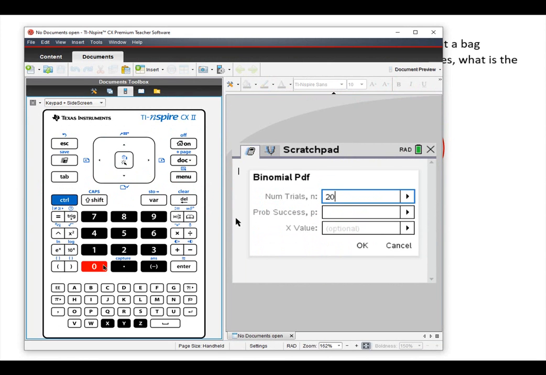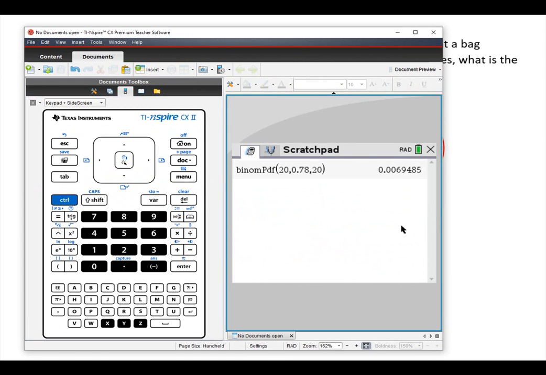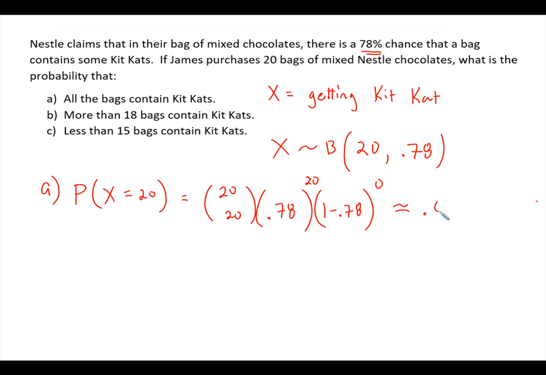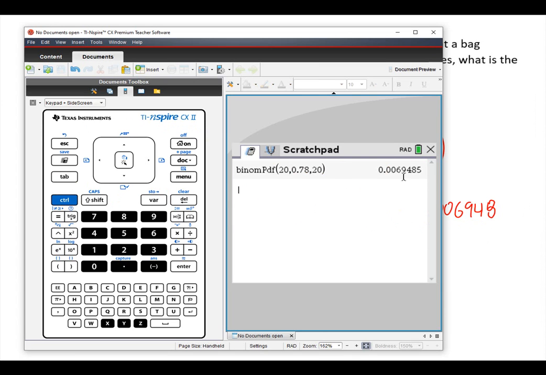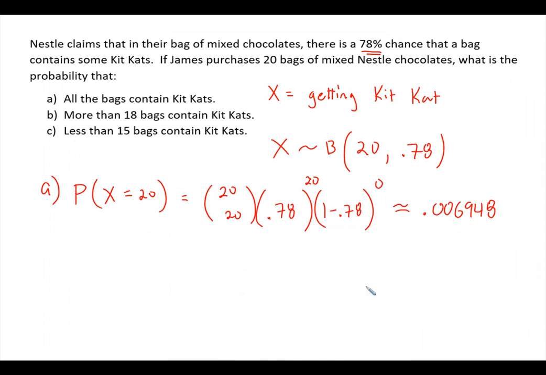Our trials is 20, success is 0.78, and the x value is 20, all 20. We get approximately 0.006948.